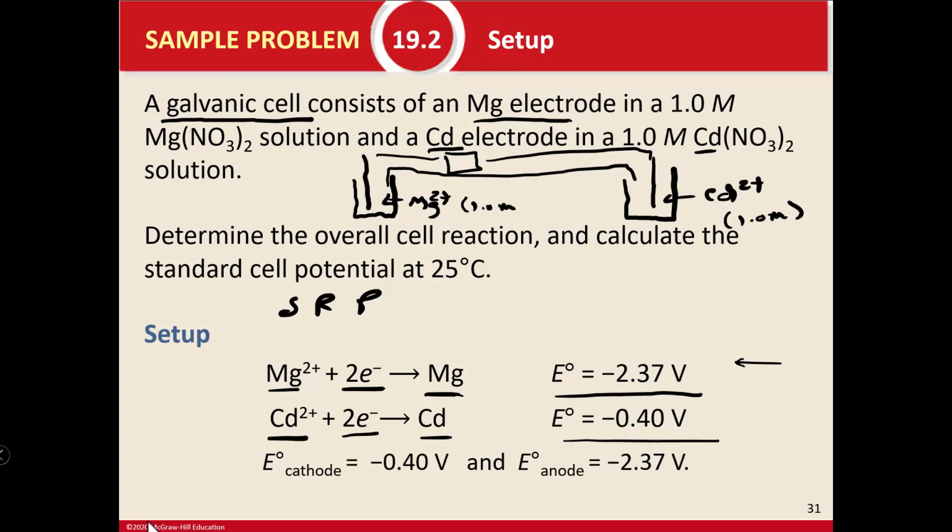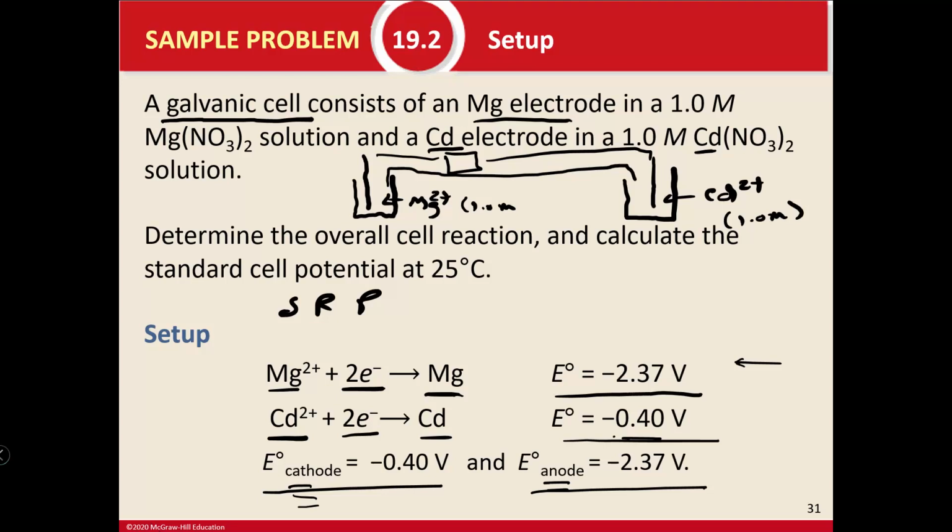So then the cadmium will be reduced. The magnesium will be oxidized because oxidation occurs at the anode, reduction occurs at the cathode.